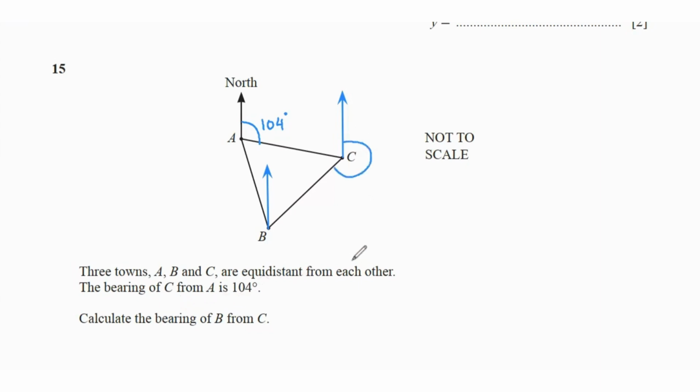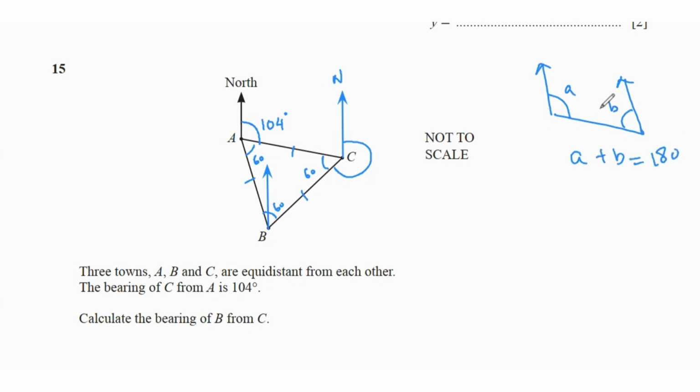Since the 3 points are equidistant from each other, that means it's an equilateral triangle. And in an equilateral triangle, all angles are equal and are 60. Another thing you need to remember is that this north and this north are parallel. So in parallel lines, these two angles add up to 180.